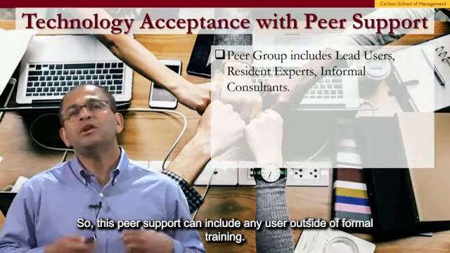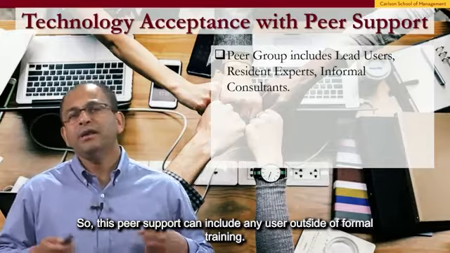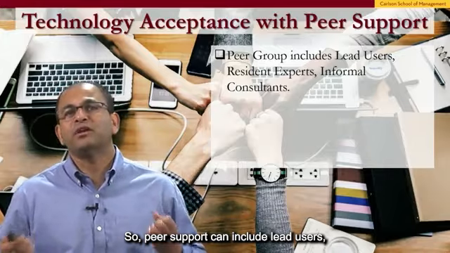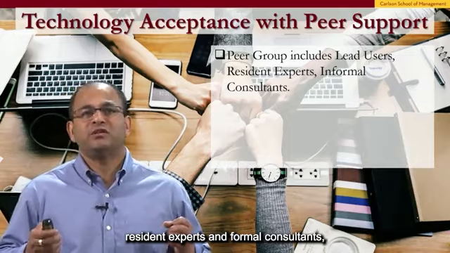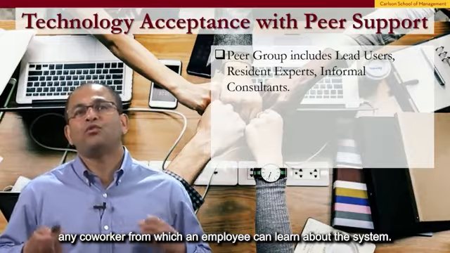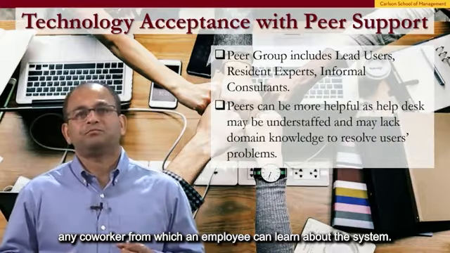So, this peer support can include any user outside of formal training. Peer support can include lead users, resident experts, informal consultants, any co-worker from which an employee can learn about the system.